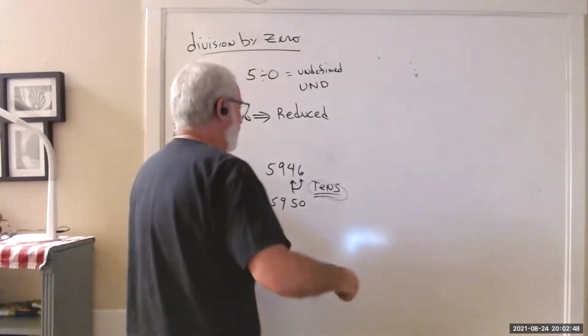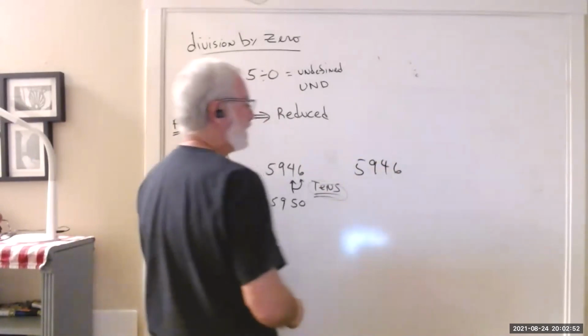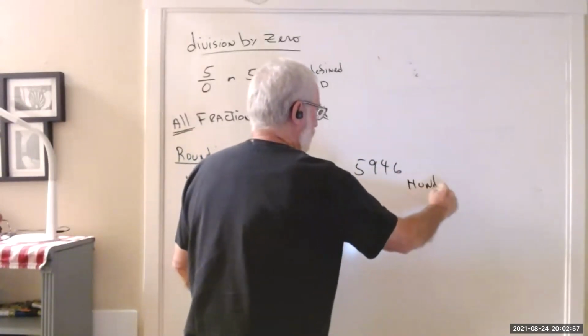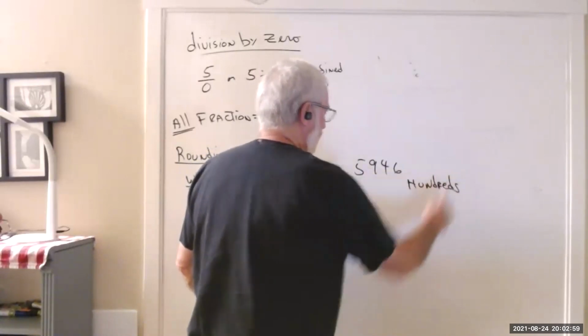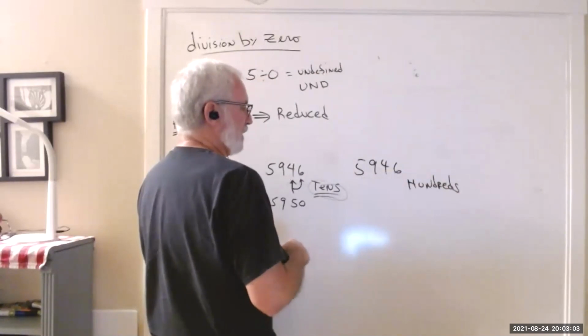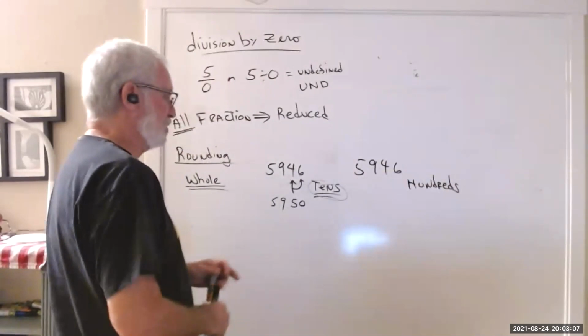What if we took the same number and I said, I want you to round it to the nearest hundreds? Give me a second to think about that. I want to round it to the nearest hundreds place.